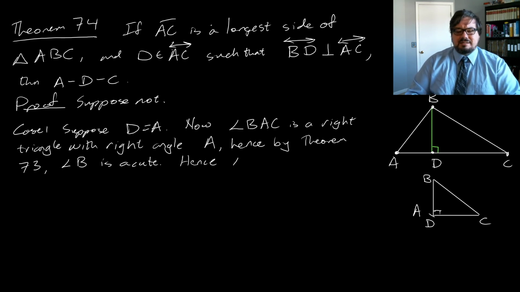Hence, that means that angle B is less than angle A, and so this means that the segment AC is less than the segment BC, which is a contradiction.